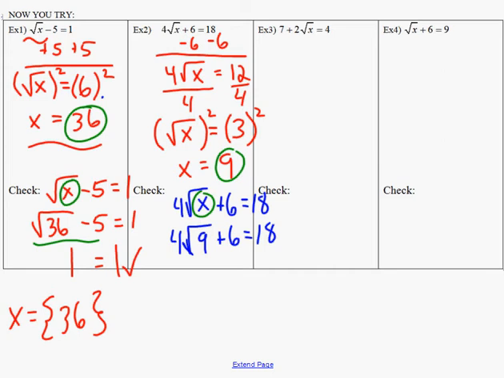And I can plug into my calculator right here 4 times the square root of 9 plus 6, and we'd end up getting 18. And on the other side, you also see 18, so this checks, and x equals 9 is a true solution. So now you guys can pause the video and try the next 2 examples on your own.